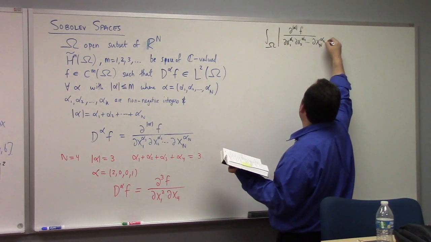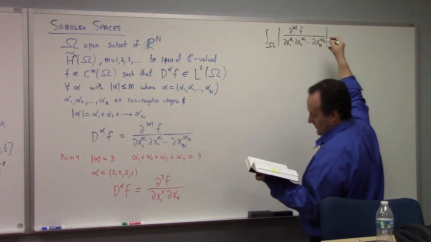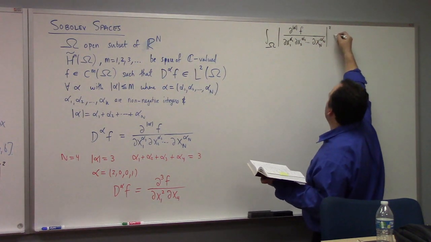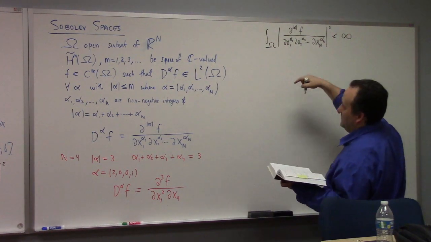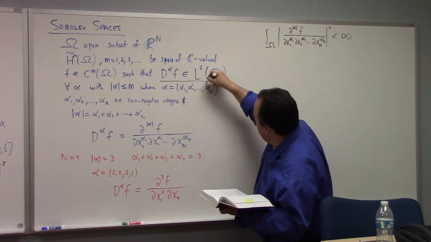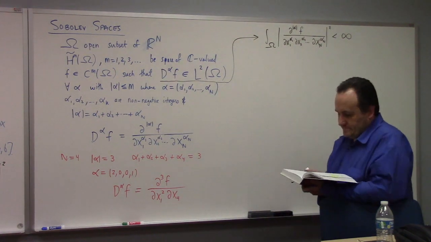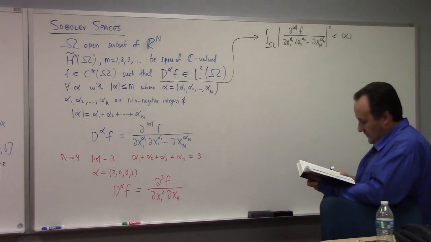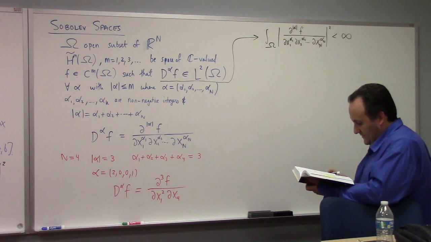Of course, this is a complete list; if you're working in R^n, those are all your derivatives. So this has to be less than infinity, and that has to happen for every multi-index alpha of order less than or equal to m.